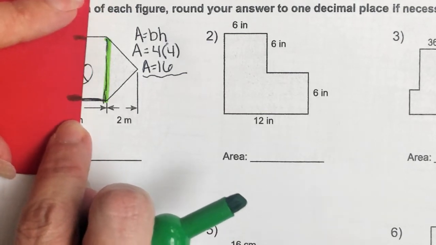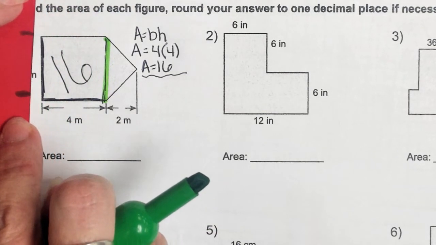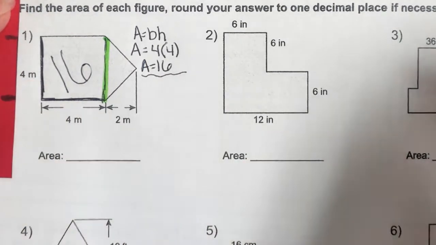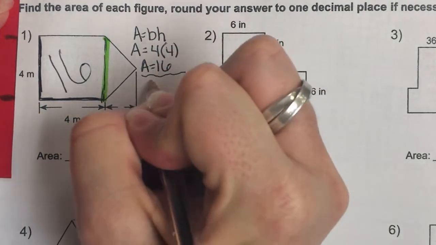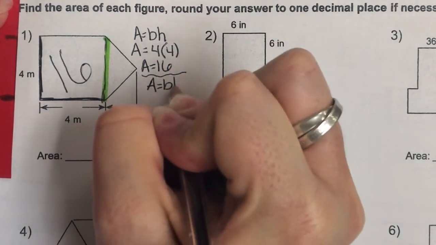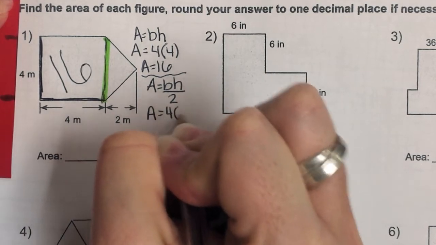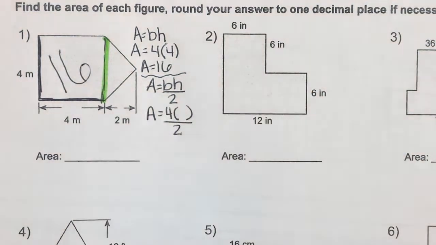Okay, look. So look across. It's 4 because the other side is 4. Ah, because that side's 4. So just make sure that you're picking the right number.